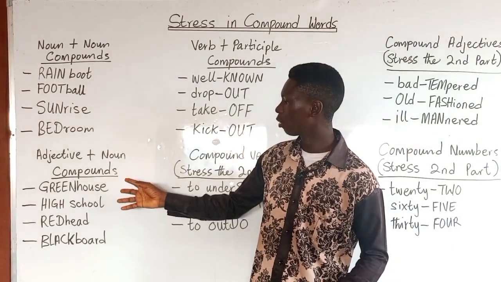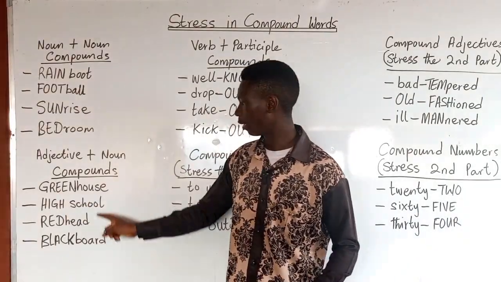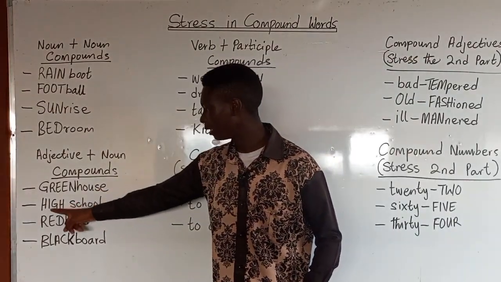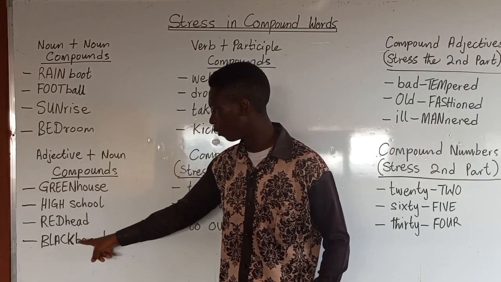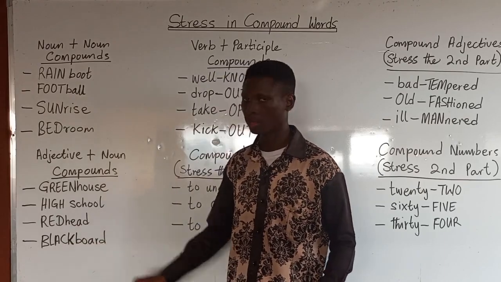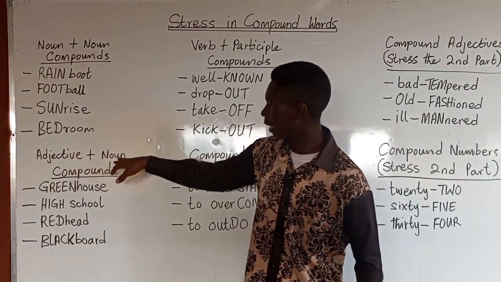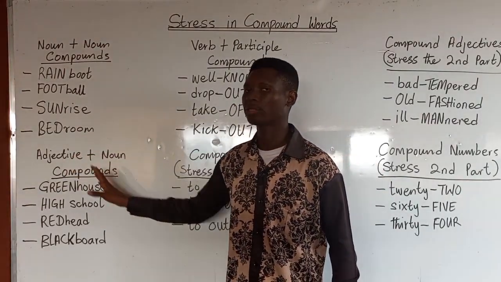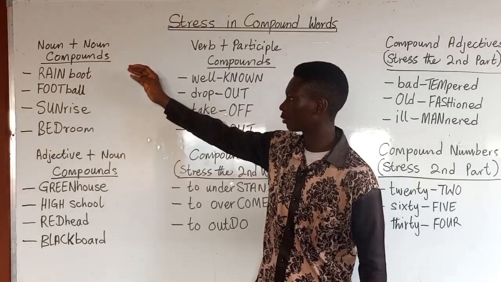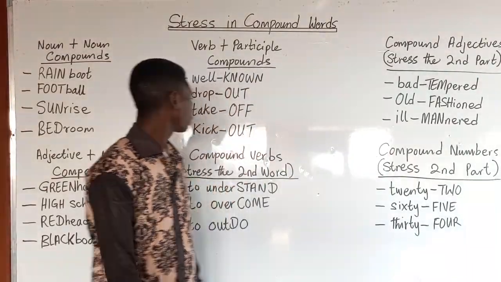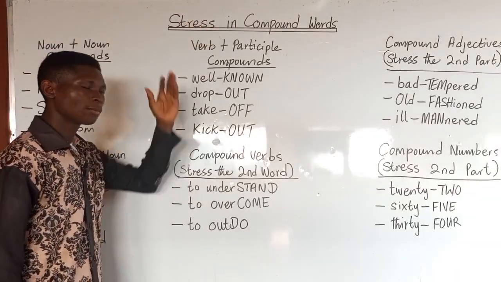But they are formed by the combination of adjective, for instance, green, and then noun, house; high, adjective, school, noun; red, adjective, head, noun; black, adjective, board, noun. All right, so for adjective plus noun compounds, we have the stress on the first syllable, just like noun plus noun compounds.